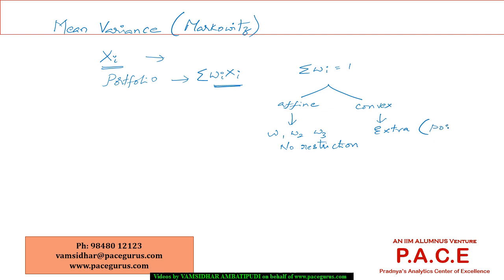So let's say all the weights W1, W2, W3 need to be positive. They can't be negative. But in the affine case, they can very well be negative also, which means we are talking about shorting those particular assets. Whereas here, we are talking of only long only positions, which means I cannot have negative values for the weights.